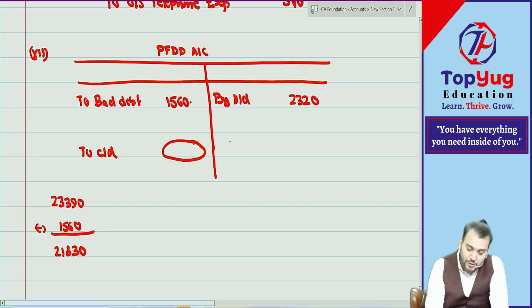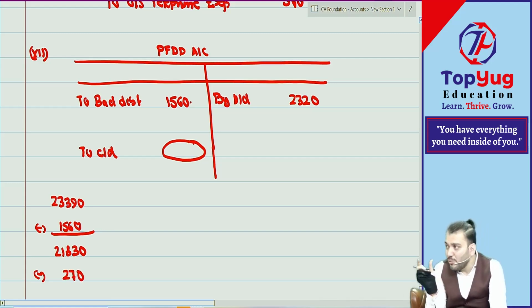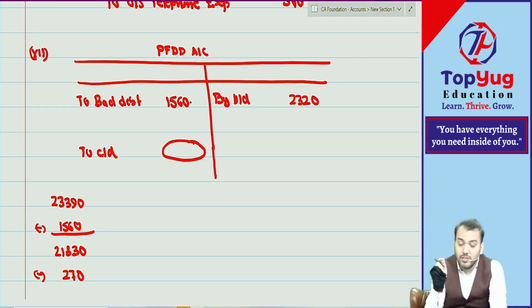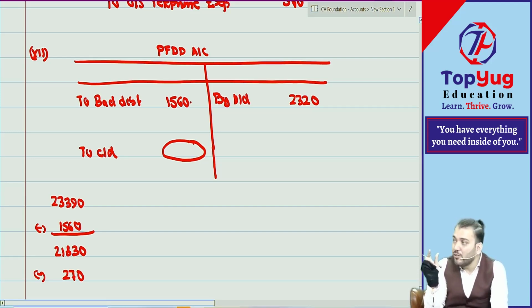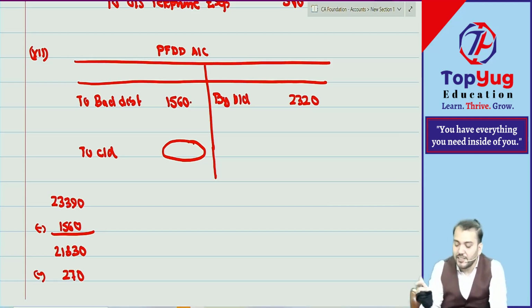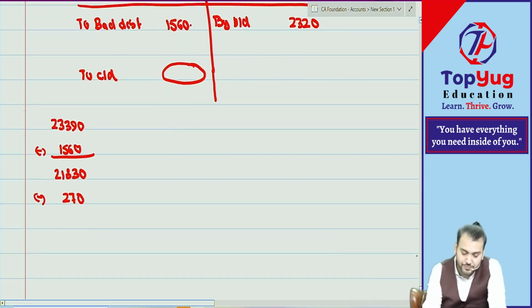So we need to find out the closing debtor after rectification. In point number 4 you have done one journal entry, suspense account debit to debtor account, so debtor will decrease by 270. So closing debtor after rectification, how much is it coming?